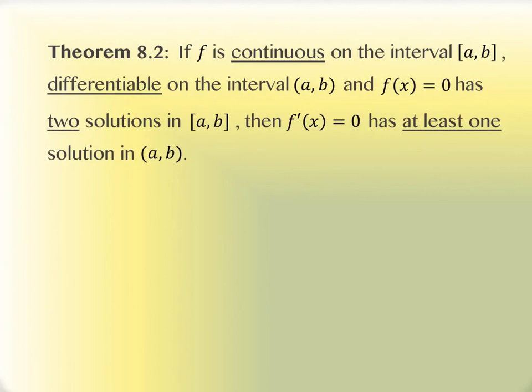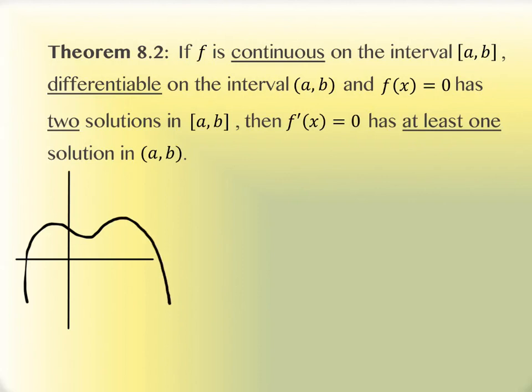So if you take a look, this is saying that if you had a graph, let me do it this way. If you have a graph and it's continuous and differentiable, so I'm going to just draw a curve. And it crosses the x-axis at 2 particular points.